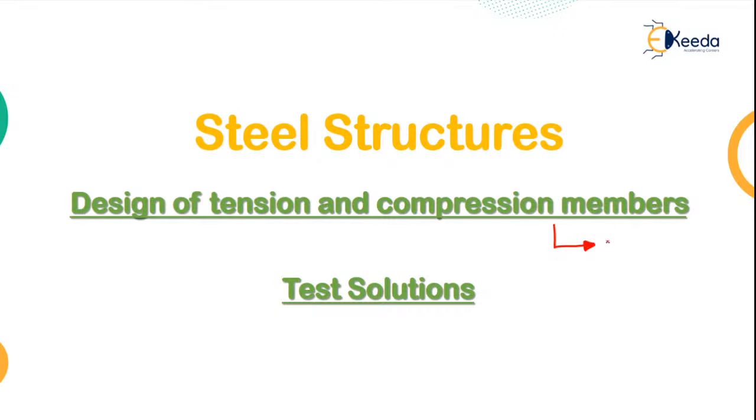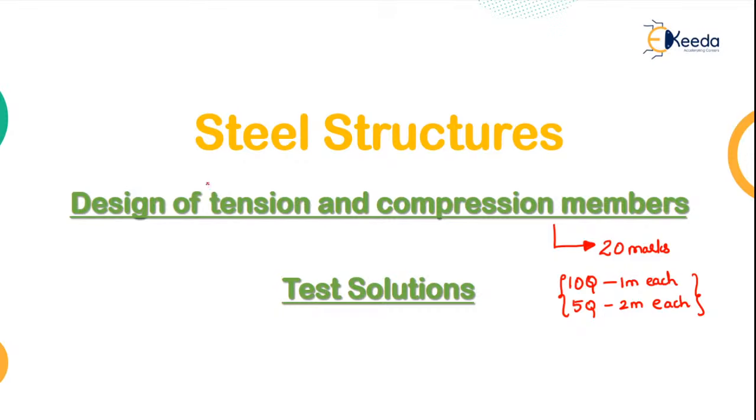This test was conducted for 20 marks. There were 10 questions of 1 mark each, and 5 questions of 2 marks each, combined questions for both tension and compression members. So what are tension members?